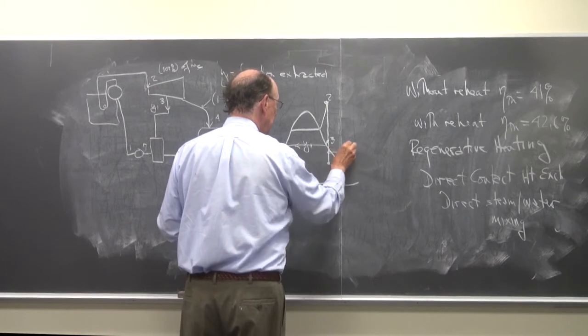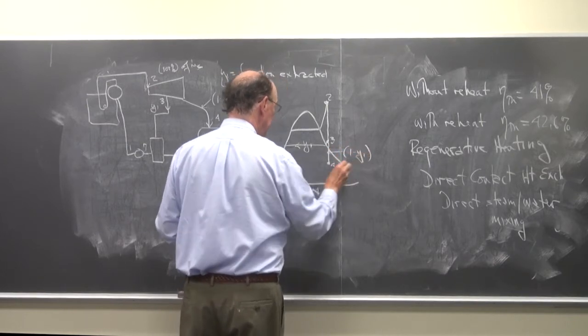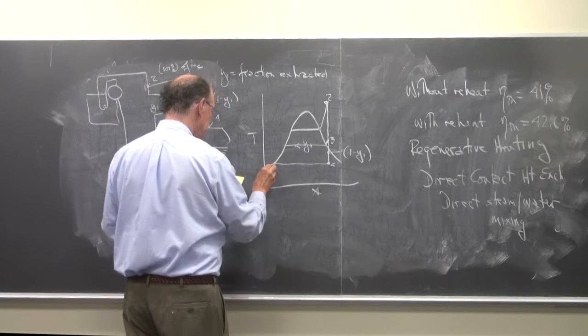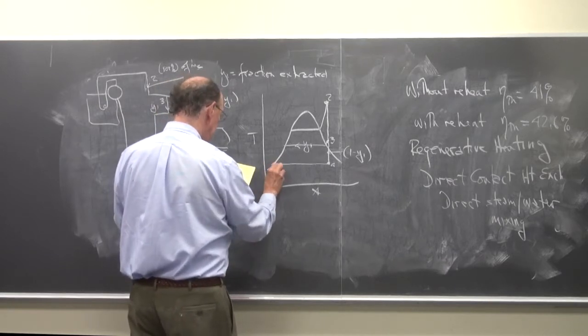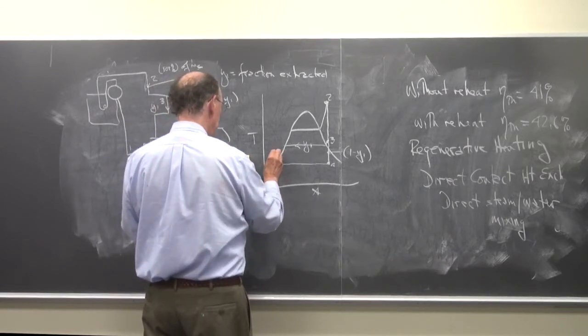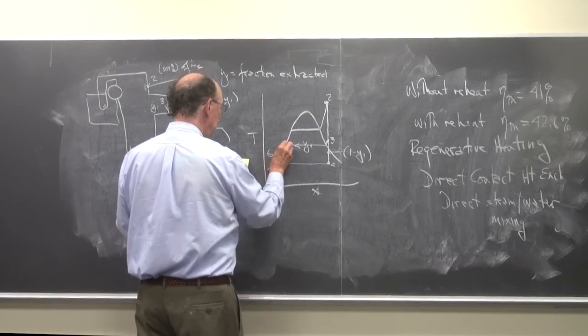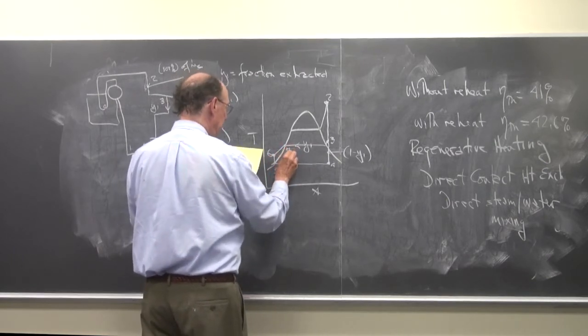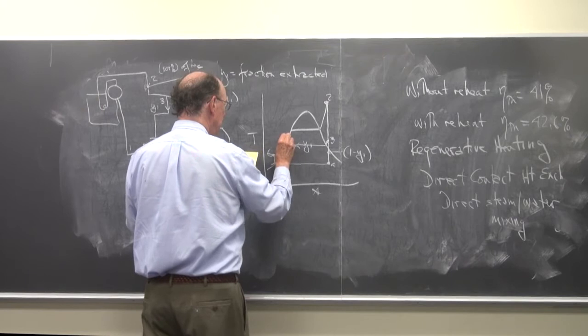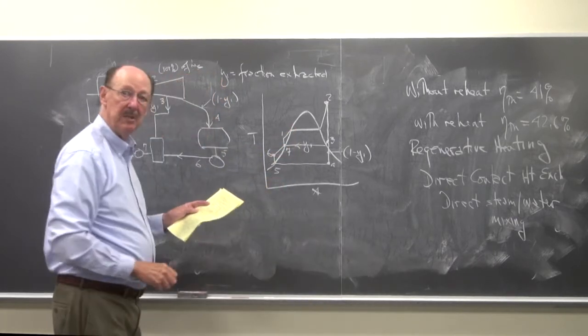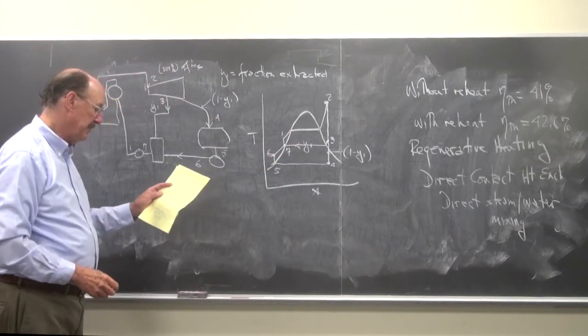So this is 1 minus Y1. Then it condenses to state 5, it goes to state 6, we have a pump, it goes to state 7, and then we have another pump. Bring it up to the steam generator pressure.